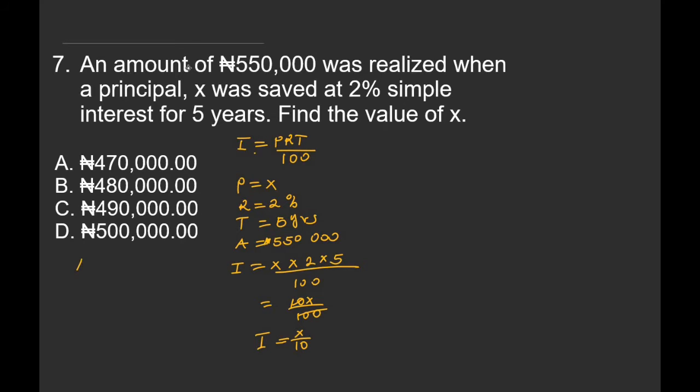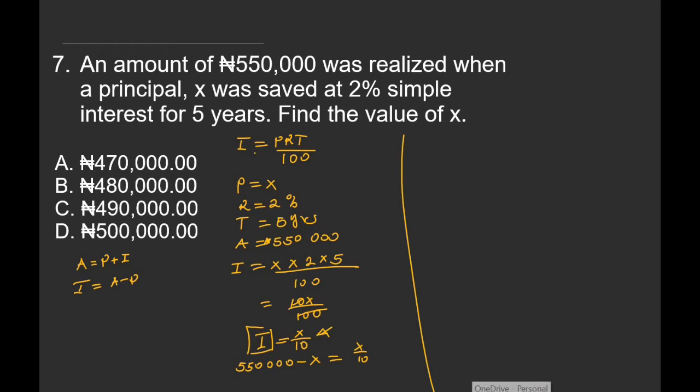We can also note that amount is equal to principal plus interest, which means that interest is equal to amount minus principal. So in place of interest here, I can put amount minus principal, and that will be equal to amount, which is 550,000 minus the principal X, is now equal to X over 10.